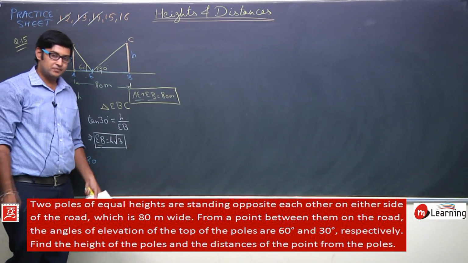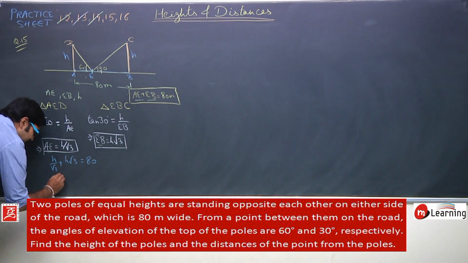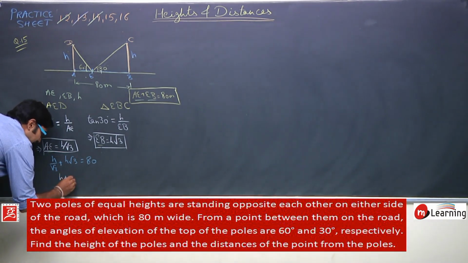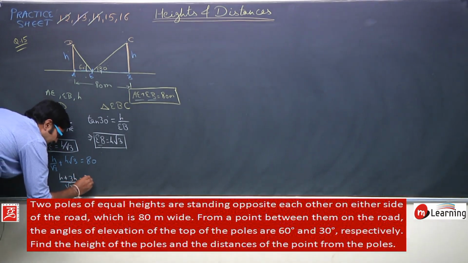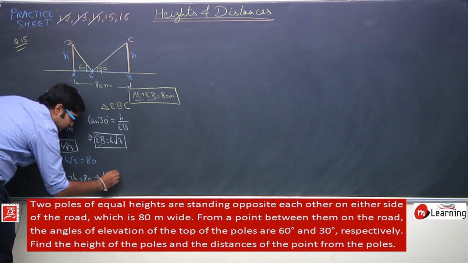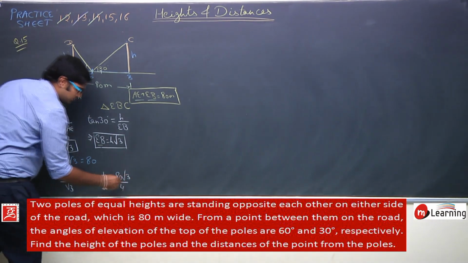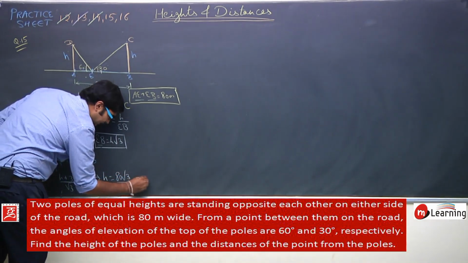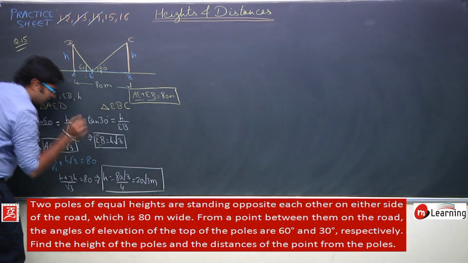Solving this, this will be h plus 3h upon root 3 is equal to 80. So this implies h is equal to 80 root 3 upon 4, which is 20 root 3 meters. This is the value of h.